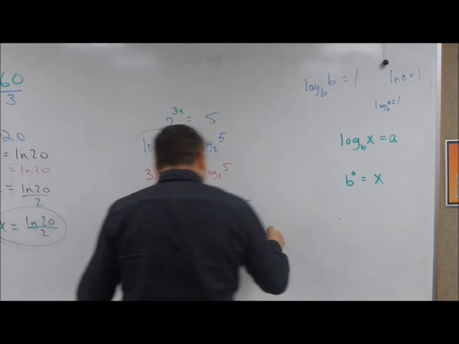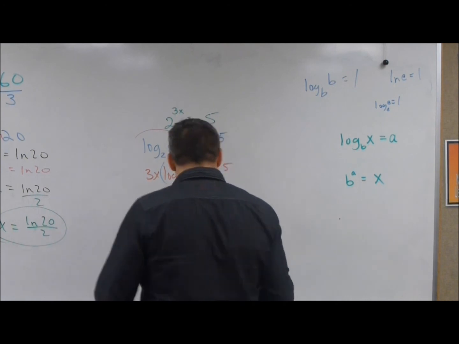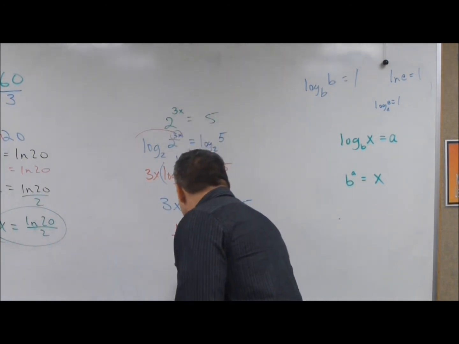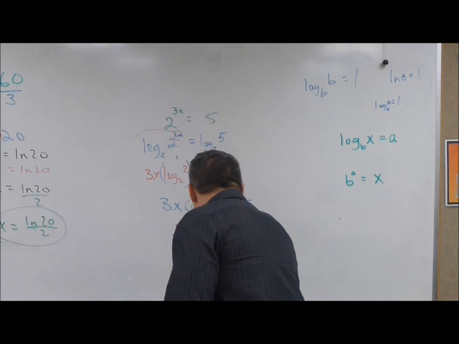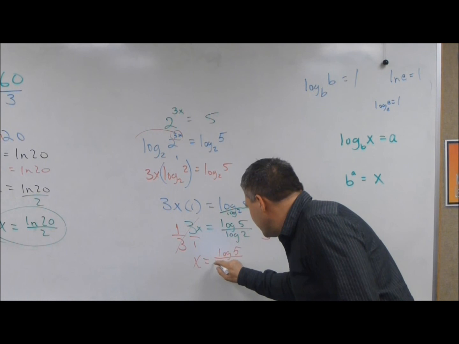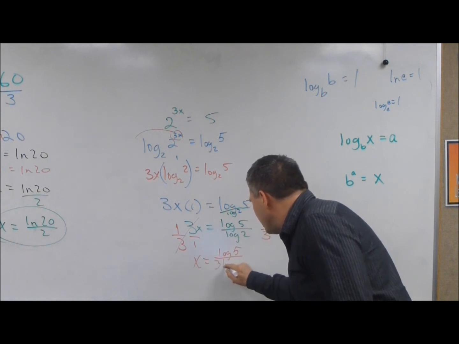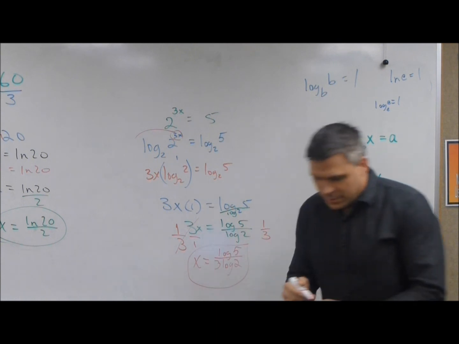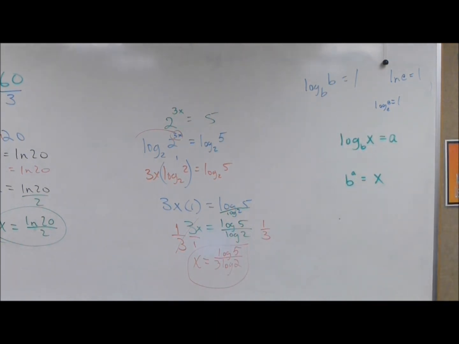And then I do the same thing to this side, 1/3. So now these 3's cancel nicely, and I get x is equal to log 5 all over 3 log 2. And that's solving for logs.